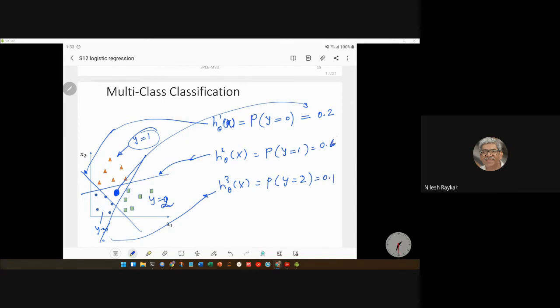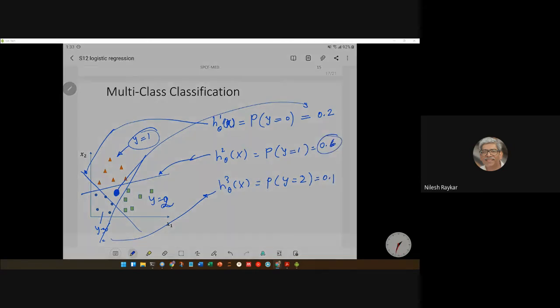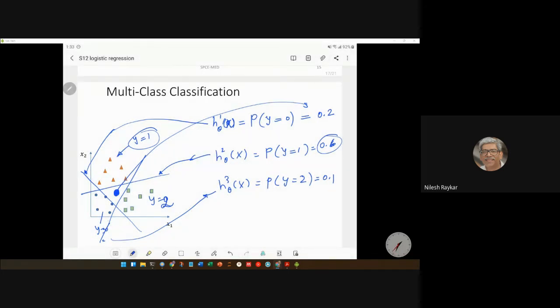So the second hypothesis function predicts that this sample has 60% probability of being y equal to 1, the first predicts 20% probability of being y equal to 0, and this is 10% probability. The highest probability wins, and you conclude that this sample belongs to the y equal to 1 category. That is how multi-class classification using the one versus all method is adopted.